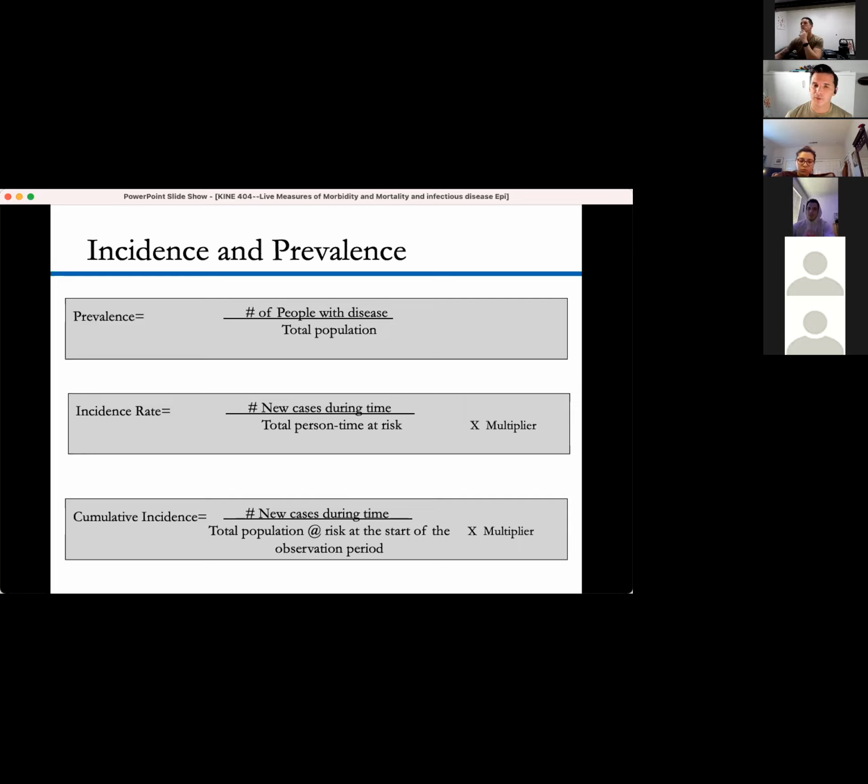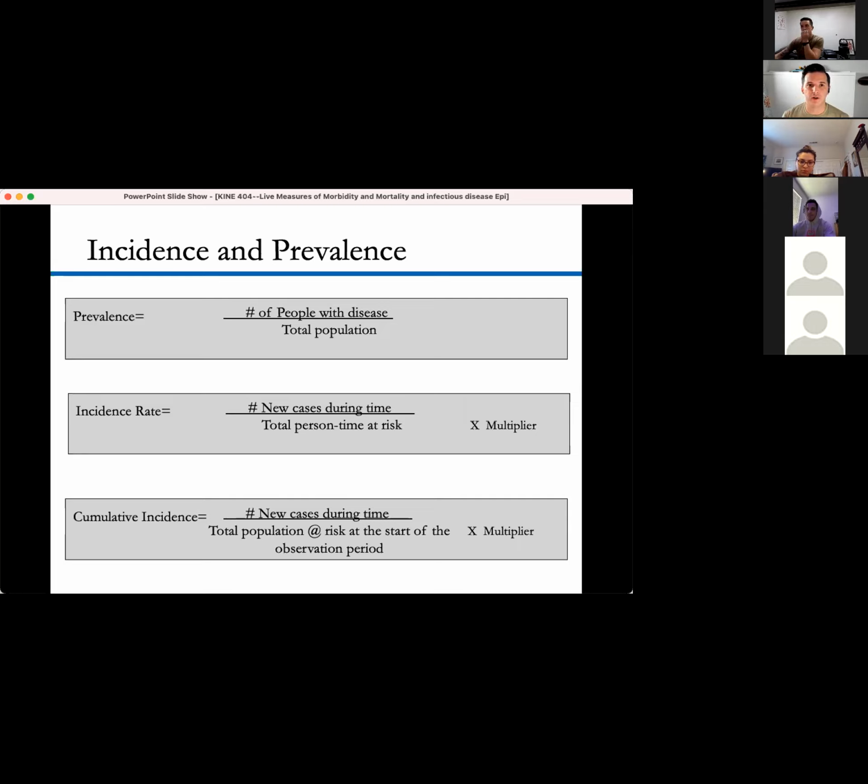Or they've already had it and the disease can't reoccur, or they're not at risk for it because it's not a disease that affects their subgroup of the population. For example, if I'm calculating an incidence rate for ovarian cancer, I would exclude all biological males because they're not at risk for ovarian cancer. We need to make sure that we're excluding the right people from our total population at risk.